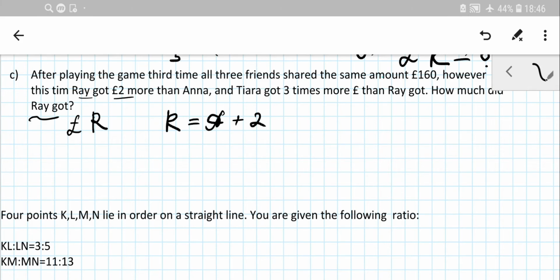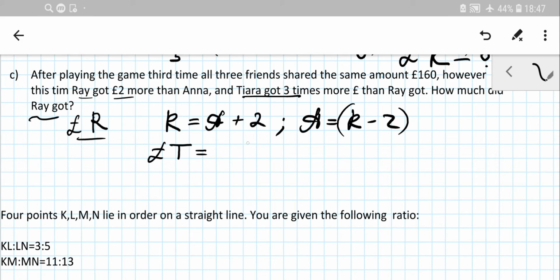From there you can express A as R minus 2. What about Tiara? Tiara got 3 times more pounds than Ray got. If Ray got R, then Tiara got simply 3 times more than Ray.